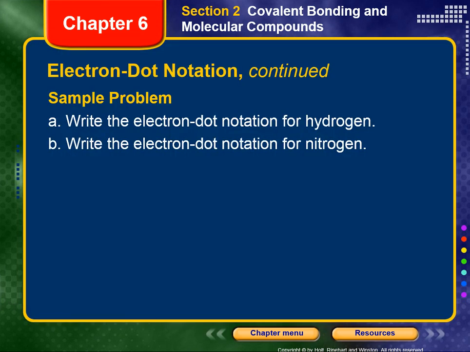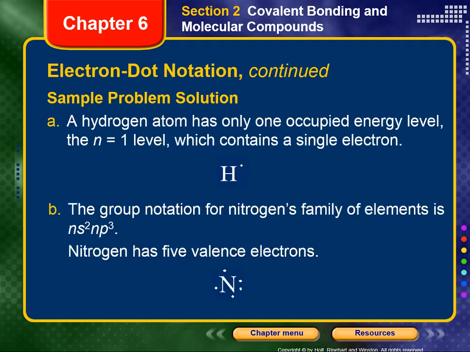Follow along with these sample problems, which are also on page 170 of your text. A. Write the electron dot notation for hydrogen. B. Write the electron dot notation for nitrogen. Solution for A. A hydrogen atom has only one occupied energy level, the n equals 1 level, which contains a single electron.